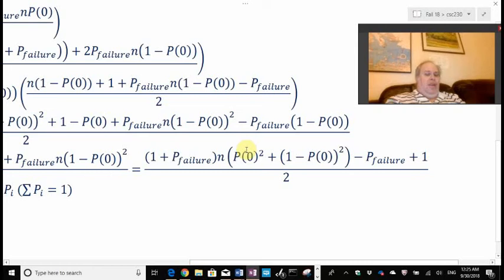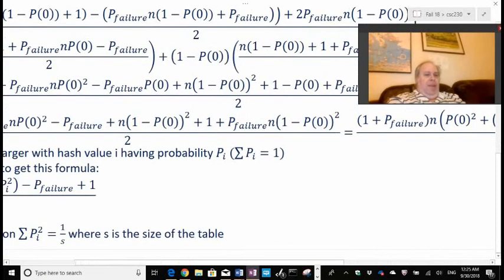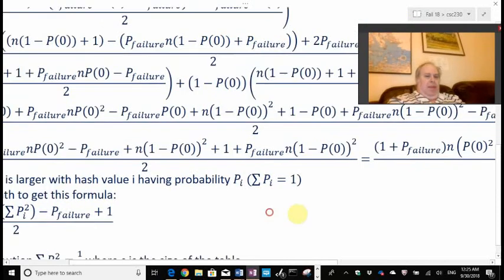That is, if you're always searching for stuff that's not in your hash table, it's going to take n over 2. Now, if you always were searching a list for what's not in the list, it would be n. So the hash table would be half if it was a perfect hash. If it's not, this is how to tell. You square all the items. And in fact, you can use exactly the same algebra.